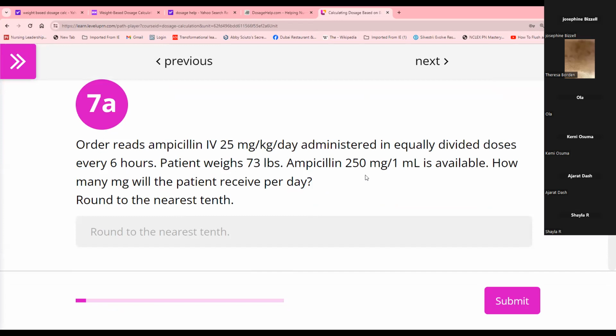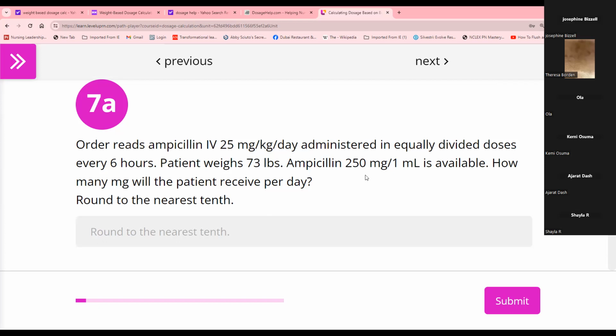What we're going to calculate here is how many milligrams a patient will receive per dose, not per day. And then that per day is just adding all the doses together, okay? But normally when you're doing doses, you're just doing per dose. So we're going to calculate how many milligrams the client is receiving in each dose, okay?